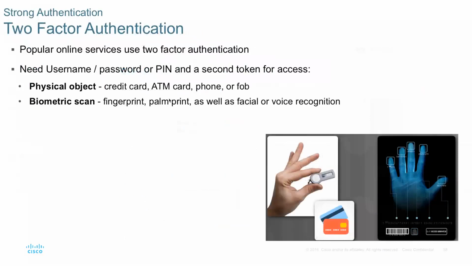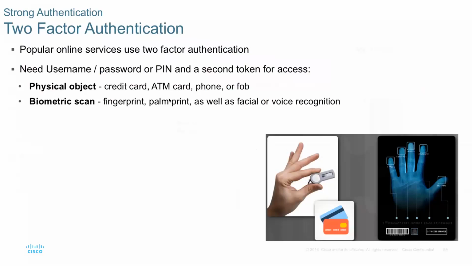Two-factor authentication just means to log in or to access, like in this case, they're talking about the ATM machine, you're going to need more than just one factor. So you might need your username or your password or your PIN.